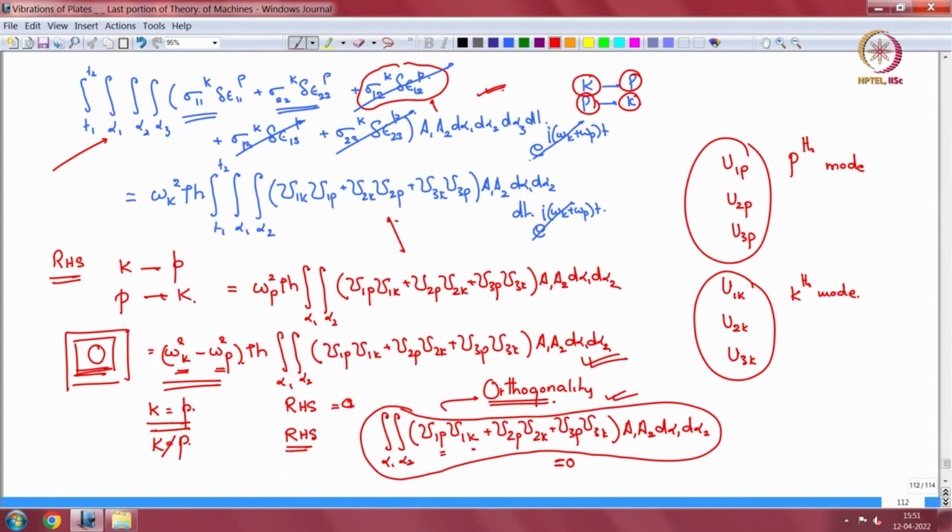Now it will turn out that if you take flat structures like plates and so forth, then the transverse motion of the plate is uncoupled from the in plane motion.